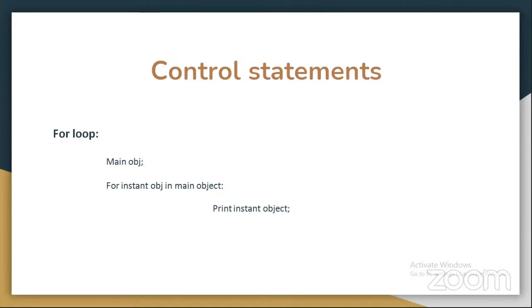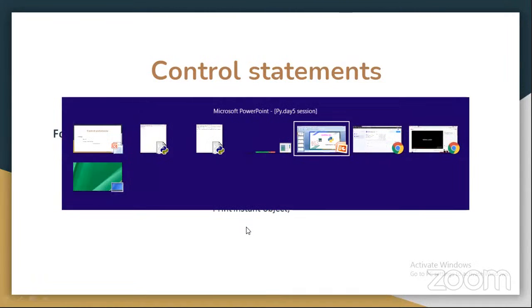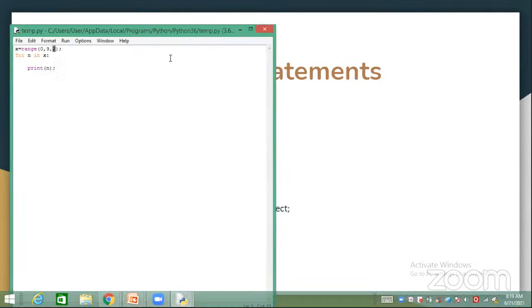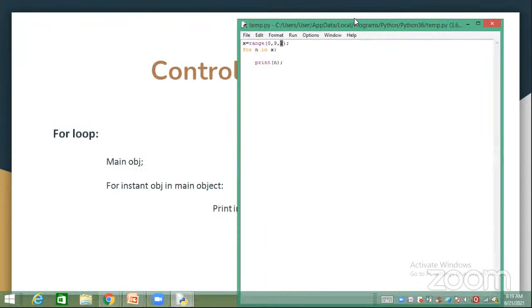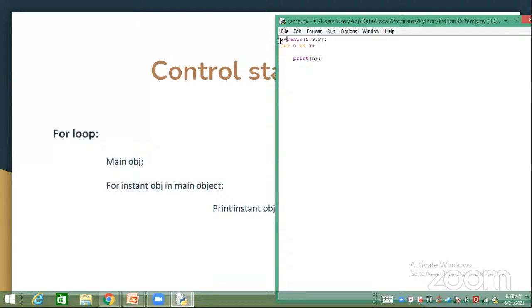In a for loop, I'm showing you a live example. Have a look. The main object is X here. The syntax is: main object, which is X, we specify a range, and we are using a for loop with the instant object n.